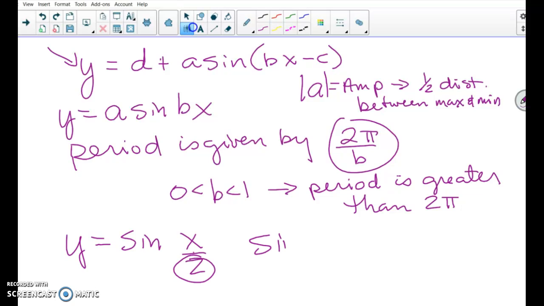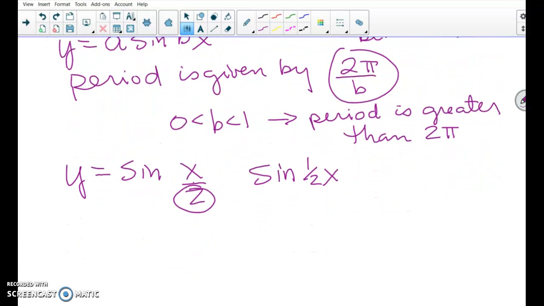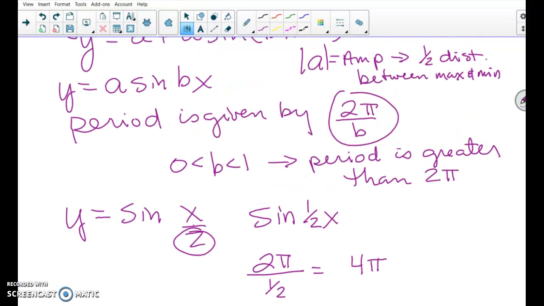We can write this as sine of 1/2 x. So let's take that into consideration now as we discover the period. So 2 pi over that value 1/2 indicates 4 pi for the period. Up here you can see we said as b is between 0 and 1, the period becomes greater.